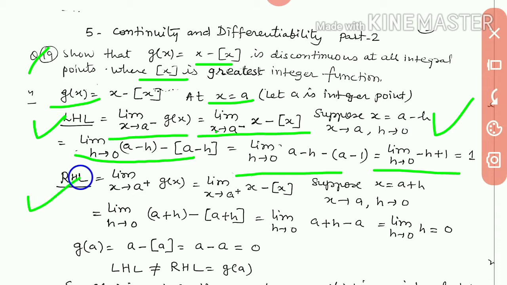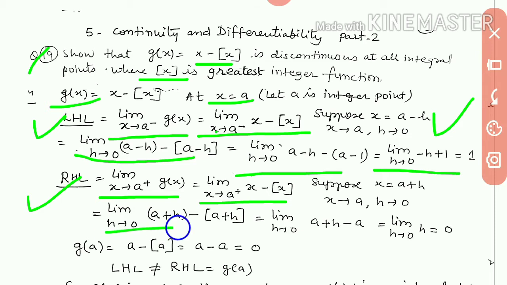Now similarly we will find the right hand limit. Right hand limit is limit x tends to a plus. A plus means more than a. Now here limit x tends to a plus of x minus the greatest integer of x, and we suppose x equal to a plus h, and then x tends to a, then h tends to 0.